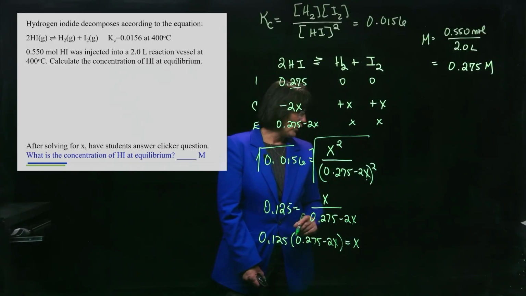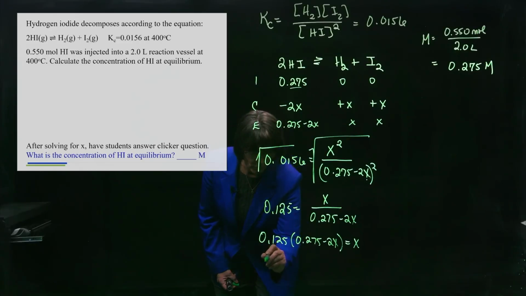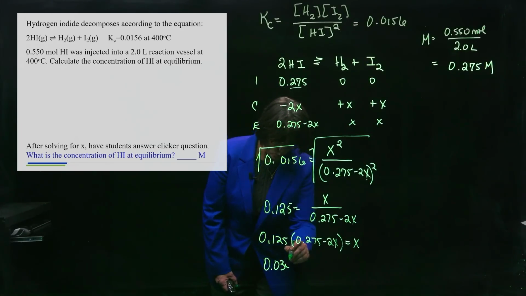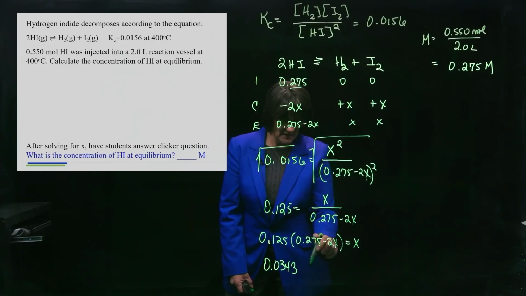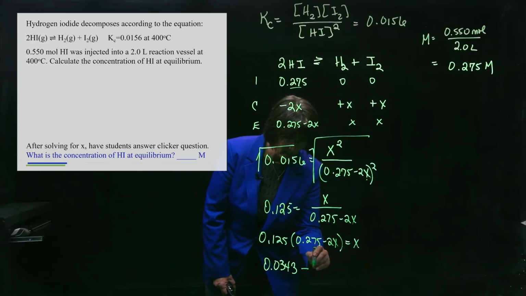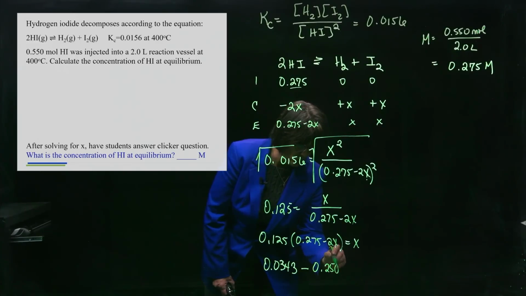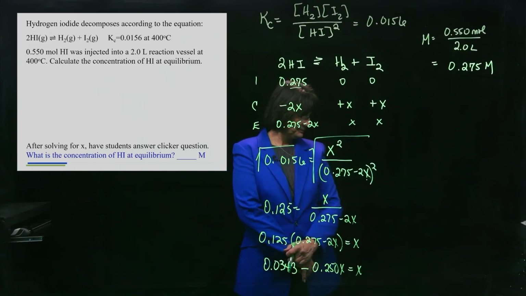And the 0.125 times 0.275 is 0.034, and another, I'll carry an extra sig fig. And then this times a negative 2x is a negative 0.250x, and that is equal to x.